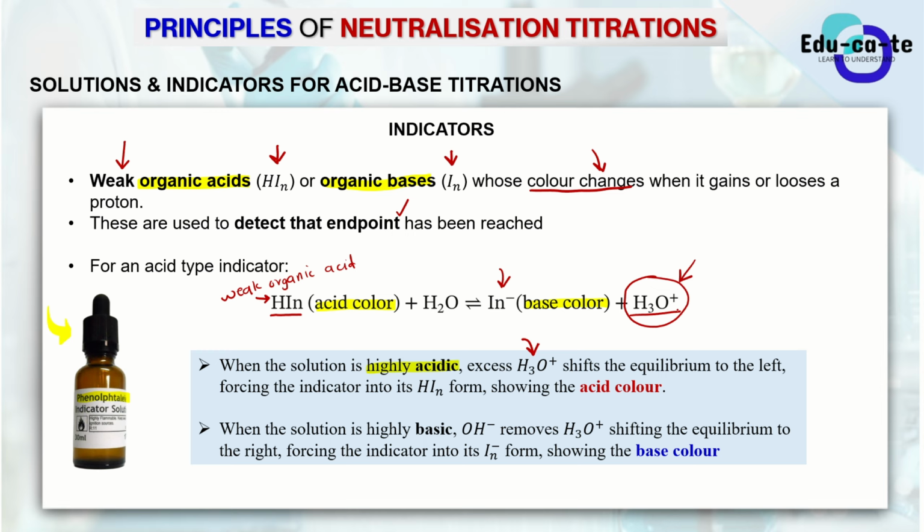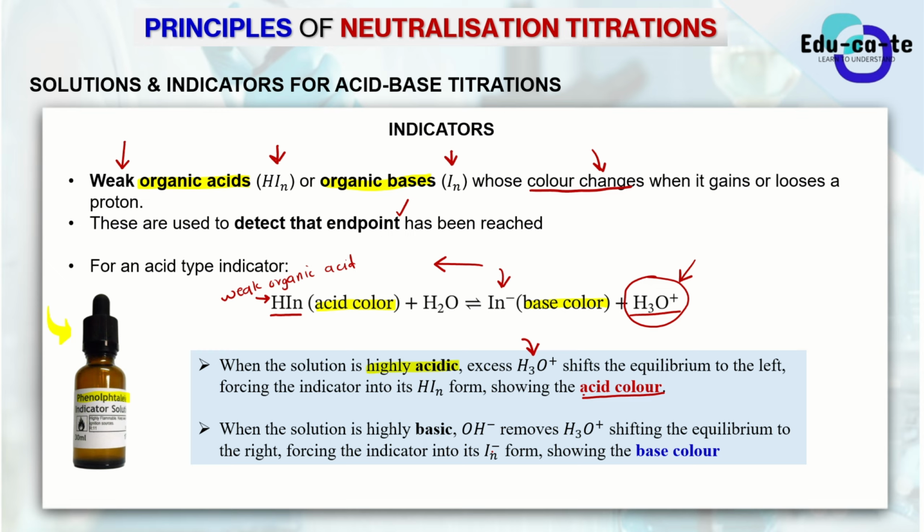So according to Le Chatelier's principle, increasing the concentration of the product will drive the reaction to shift towards the reverse reaction. So the equilibrium is shifting towards the left, and then what will happen? This will force the indicator to go back to its acidic form, and this will show the acid color version of the indicator.